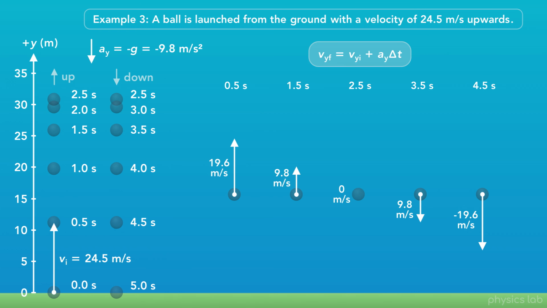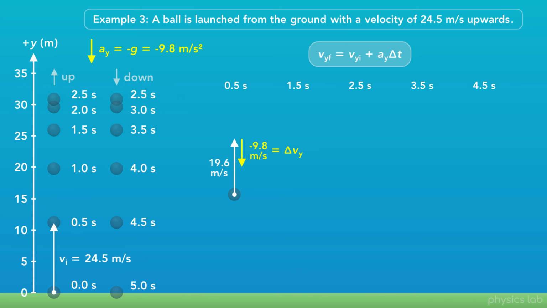If we look at 1-second intervals, each velocity vector is the previous vector plus the acceleration. For example, the velocity vector at 0.5 seconds is 19.6 meters per second upwards. The change in velocity each second due to gravity is negative 9.8 meters per second.